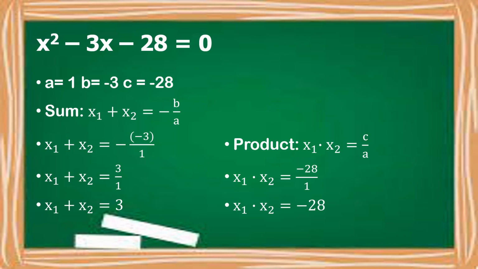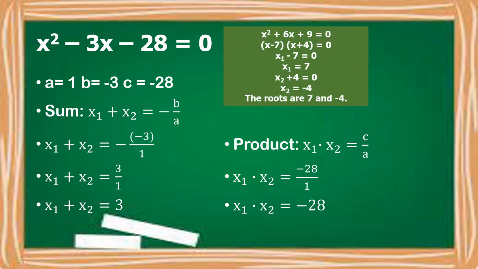Let us find out if we have the correct answer by solving for the roots of our quadratic equation x squared minus 3x minus 28 equals 0, and we will use factoring. Based on our solution, the roots are 7 and negative 4. Let us find the sum of the roots.